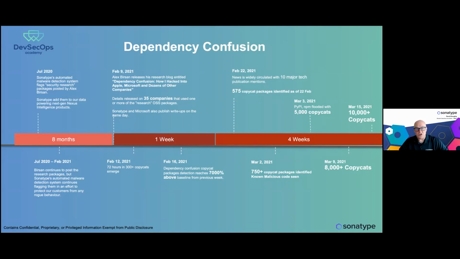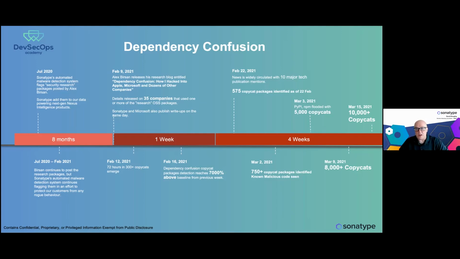So you can publish JavaScript packages, Python packages to coordinates which represent organizations like Microsoft, Apple, etc. And Alex Burson's research highlighted the companies that he was able to inject malicious, or actually white hat testing code, into the supply chain.